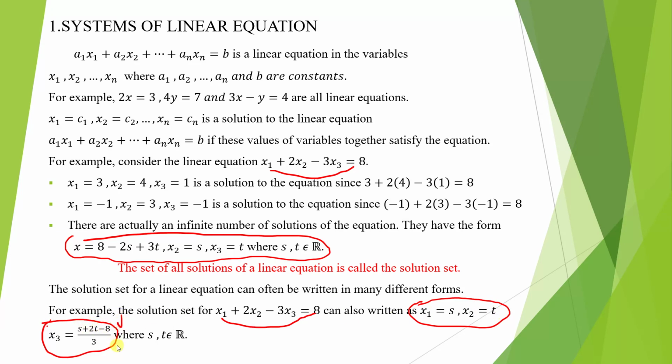Or you can let x1 equal t, x2 equal s, or something else, and we can find x3. This is the solution of our linear equation. The solution depends on our letting when we solve the linear equation in the real numbers.